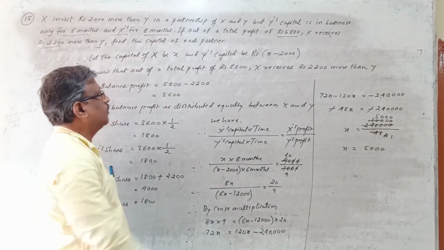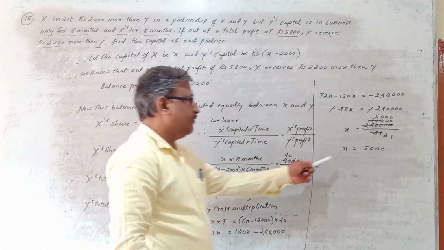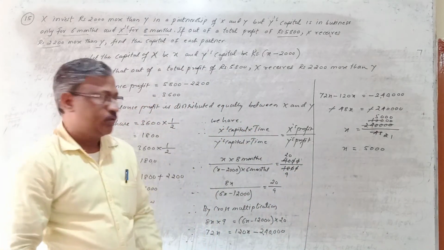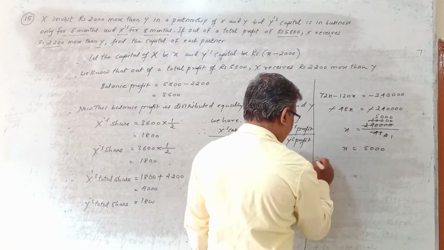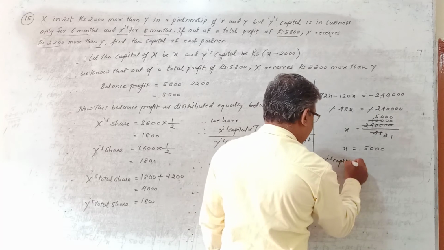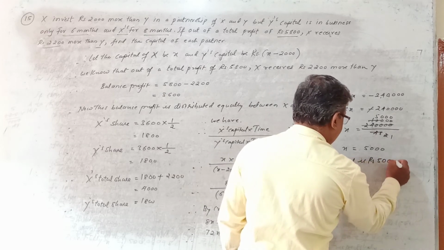So x value is 5,000. What did you assume as x? X as x's capital. So what we have got is 5,000. Therefore x's capital is rupees 5,000.